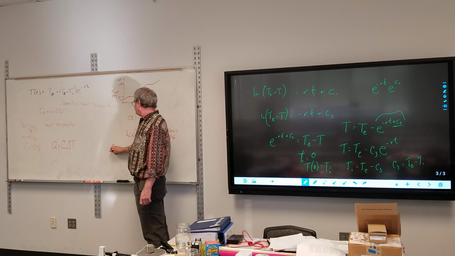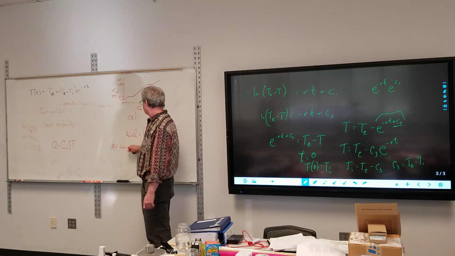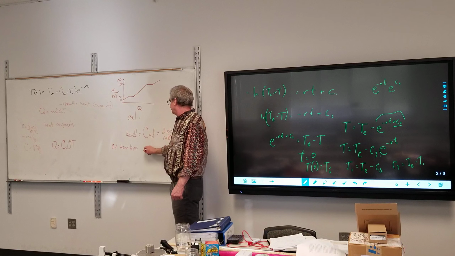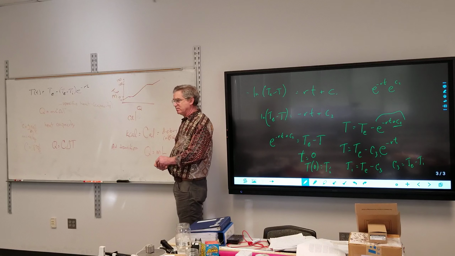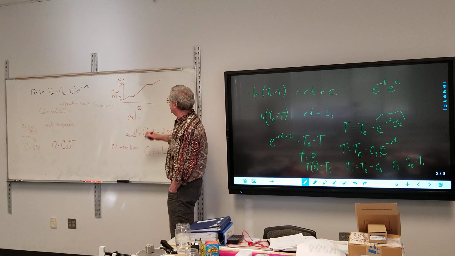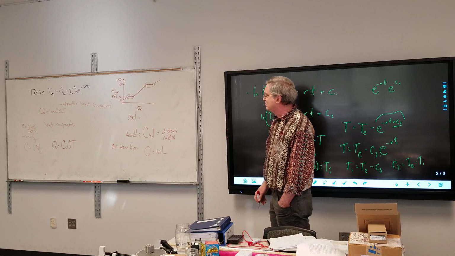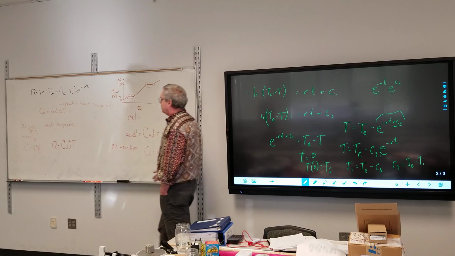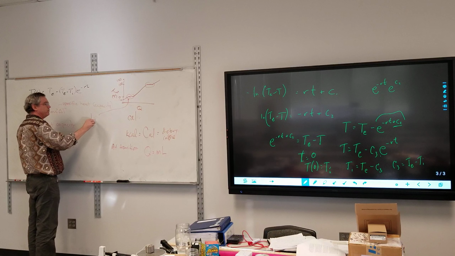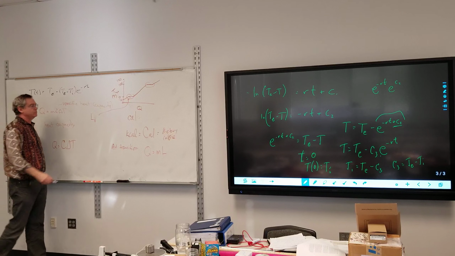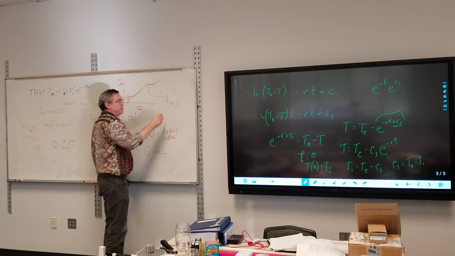So at transition, Q is equal to the mass times the latent heat. And there are obviously two different latent heats because we got one here and we got one there. At this point right here, we have the latent heat of fusion. At the other one, the latent heat of vaporization.